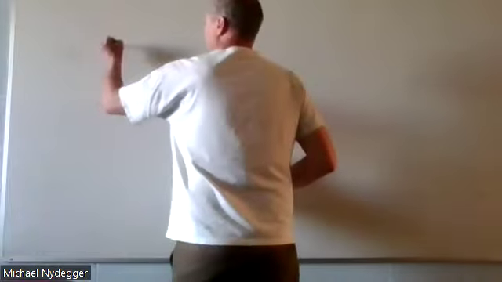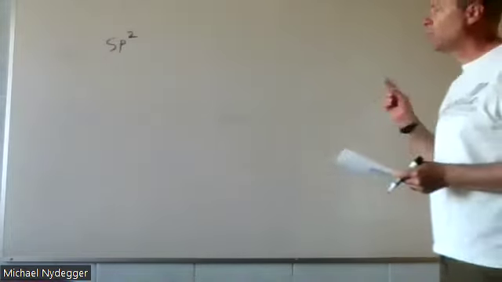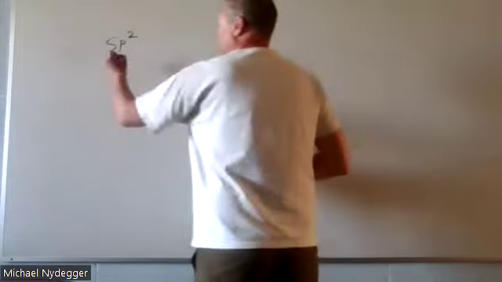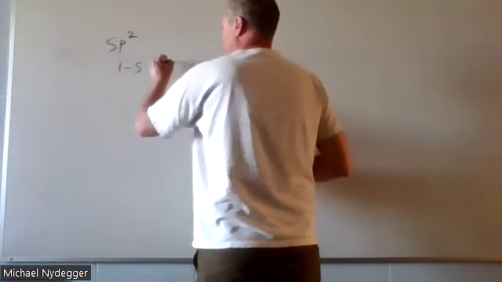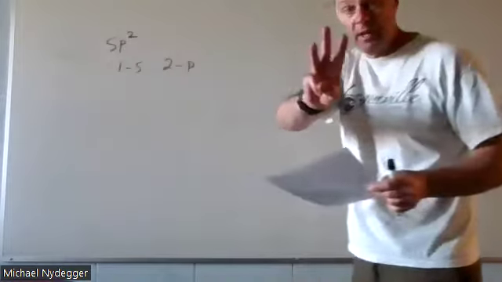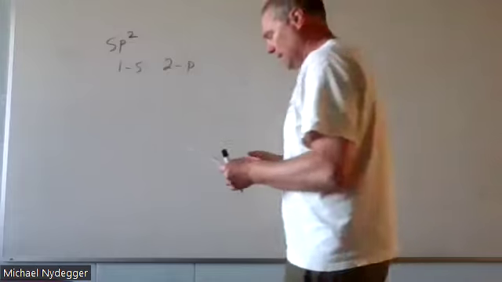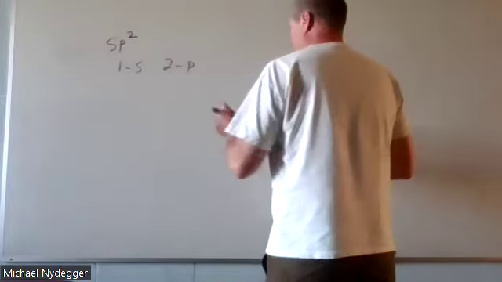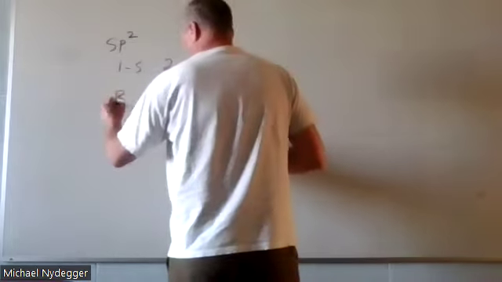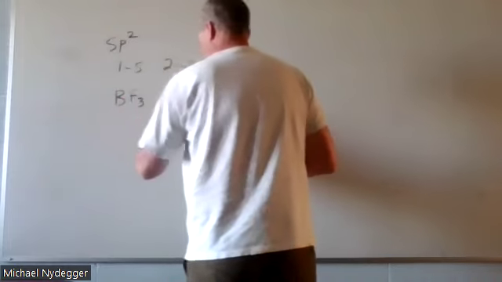All right. Next we'll look at sp2. sp2 will be 1s and then 2 p's. Now this has 3 orbitals, right? 1, 2, 3. An example of this would be boron trifluoride.